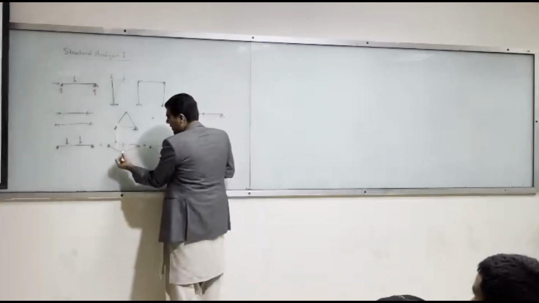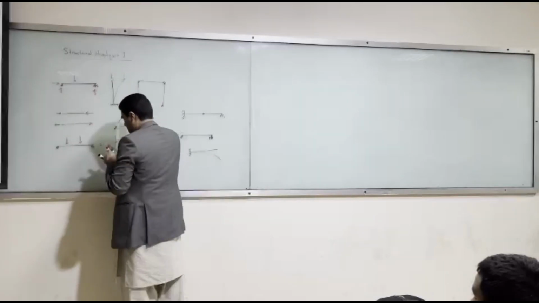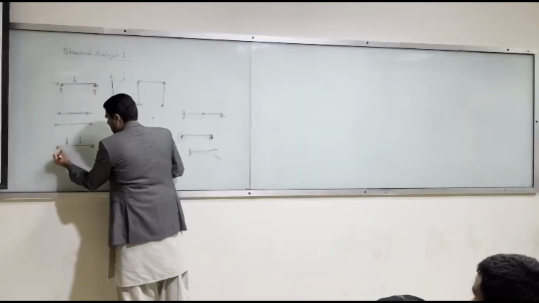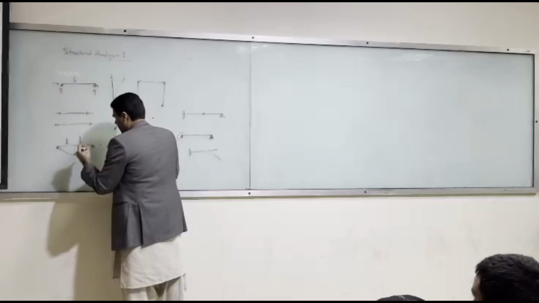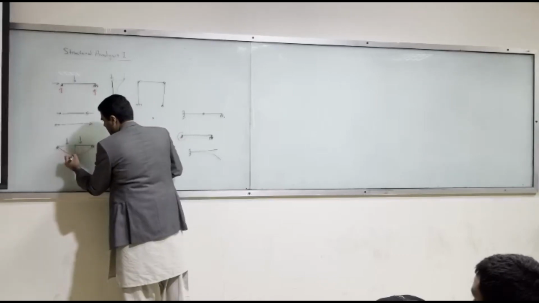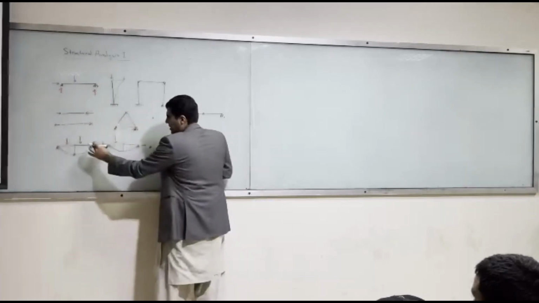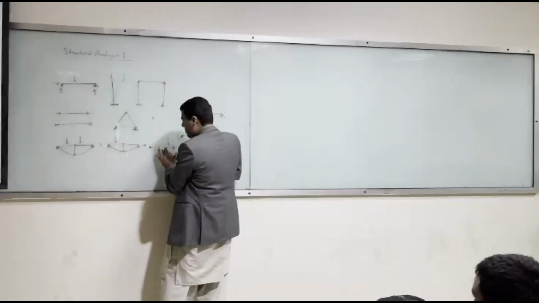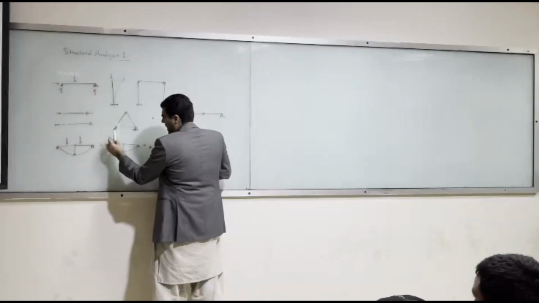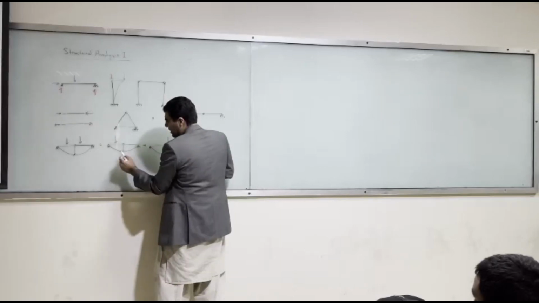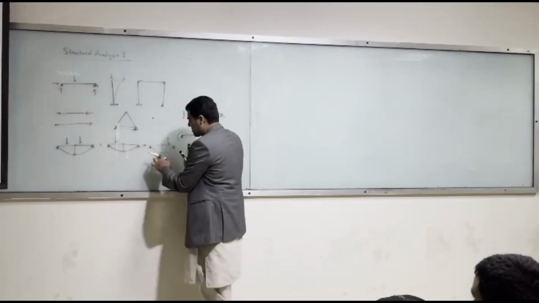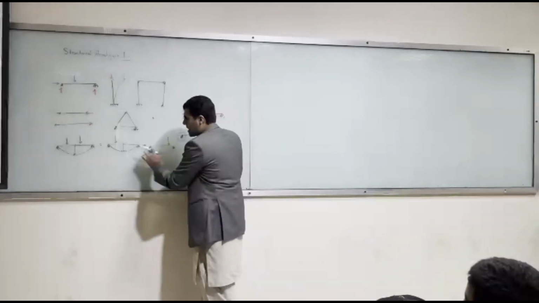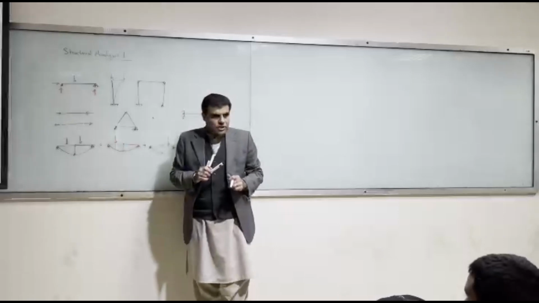If you are trying to find the deflection at the midpoint, you can divide it into two structures. In the first one, with the load applied over here, you find this deflection, and in the second one you find the same midspan deflection over here. You add them up, you get the total deflection.